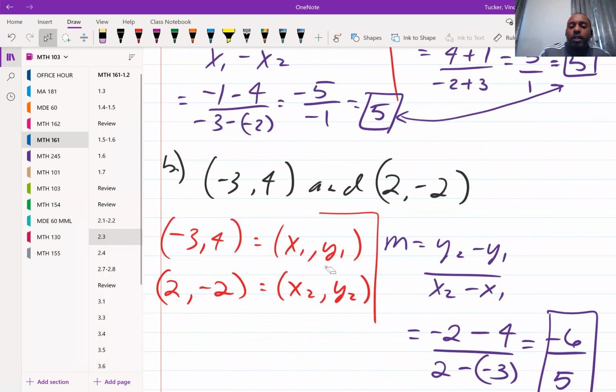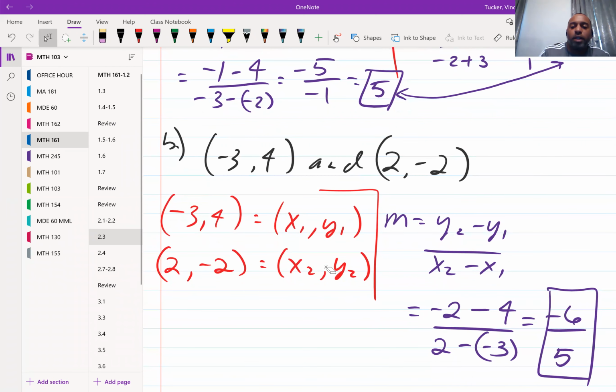Y2 minus Y1 over X2 minus X1. Y2 is -2, Y1 is 4, X2 is 2, X1 is -3. So plug it in, simplify. Got -6 over 5. Notice I'm not converting to decimals, just simplifying your fractions.